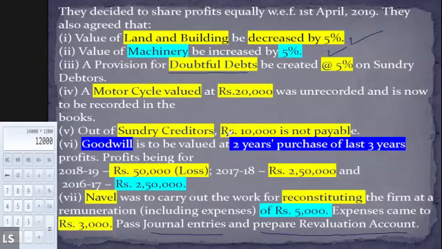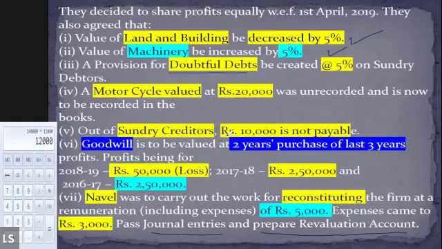Since it says in point 6 that goodwill is to be valued at 2 years' purchase, and the profit of the last 3 years is given to us, 50,000, 2 lakh 50,000, 2 lakh 50,000. So first of all, we will have to find out the goodwill in this question, and then whatever goodwill is calculated will be adjusted among the partners in the gaining and the sacrificing shares.